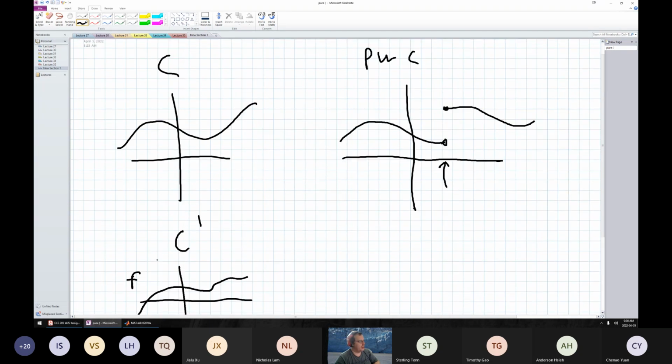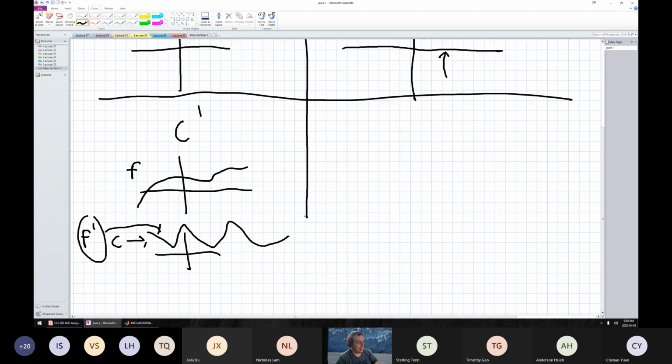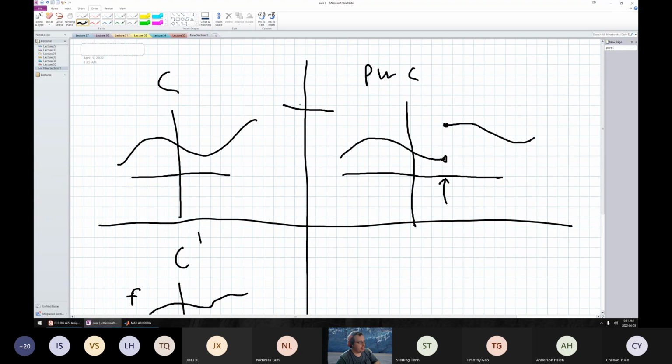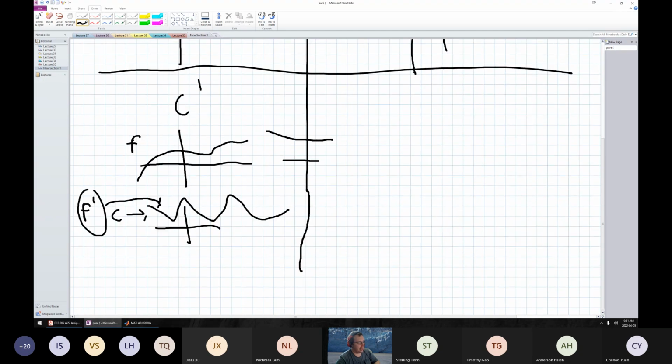Okay, so now if I want to talk about piecewise C1, just like with piecewise continuity, I remove the restriction that it actually is C1. For instance, if you're continuous, you imply that you're piecewise continuous. If you're C1, you imply that you're piecewise C1.